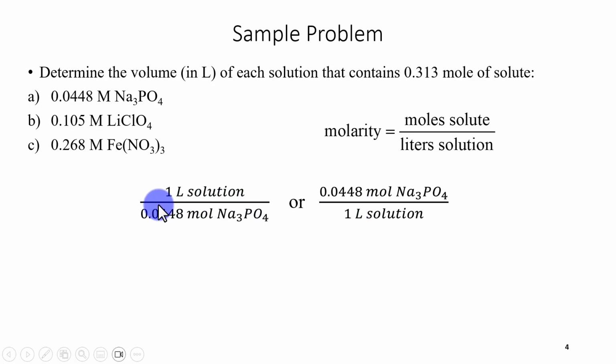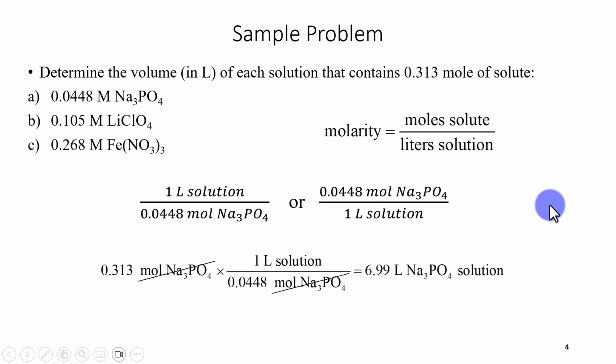I can use it as 0.0448 moles of Na3PO4 over 1 liter of solution, or as 1 liter of solution over 0.0448 moles of Na3PO4. So I can use this as a conversion factor two different ways depending on what I'm given. In this case, I'm given the moles of my solute.